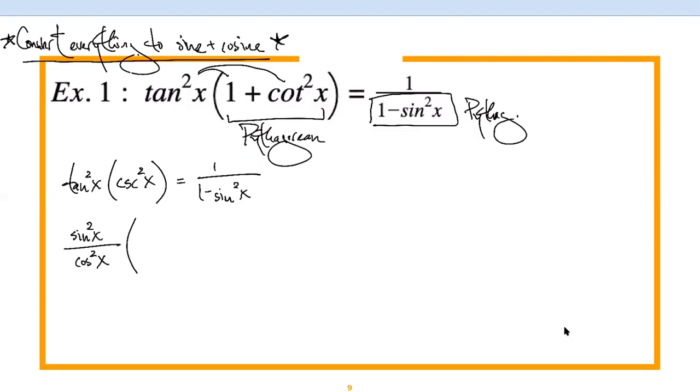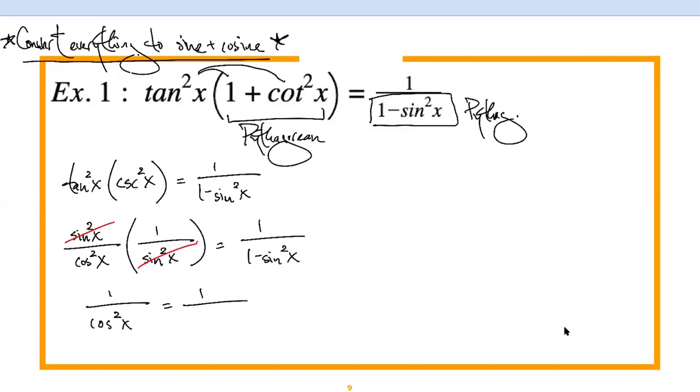One over sine squared. 1 over sine squared, good. All right. Now, rules of fractions still apply. So I have a sine squared in the numerator and I have a sine squared in the denominator. They reduce to 1. So my left-hand side now looks like 1 over cosine squared x equals 1 over 1 minus sine squared x.